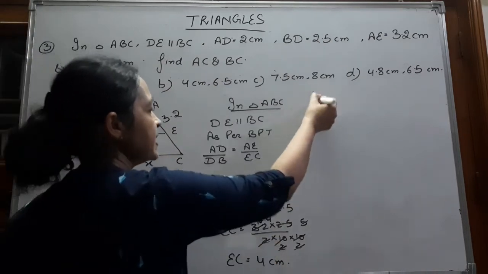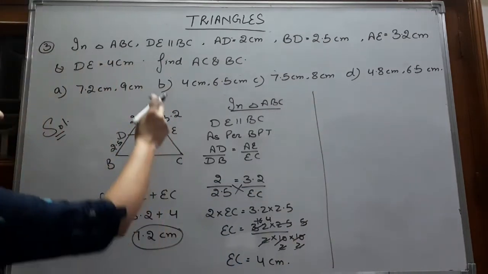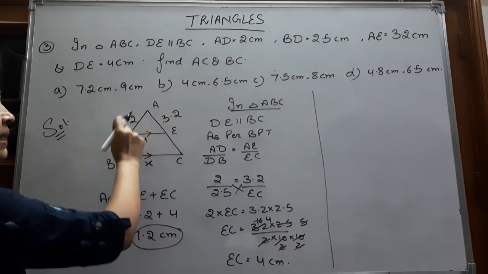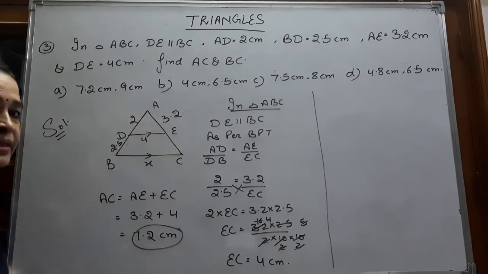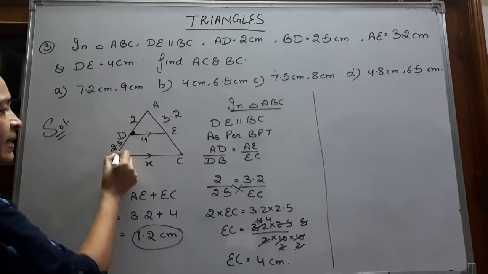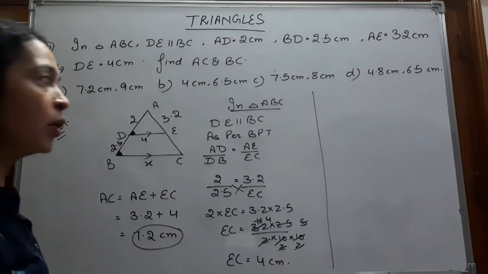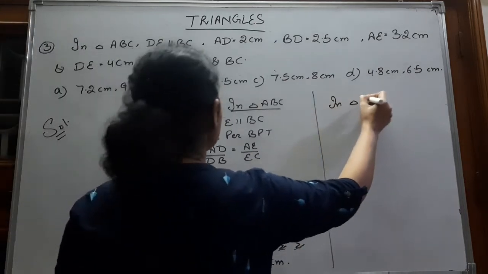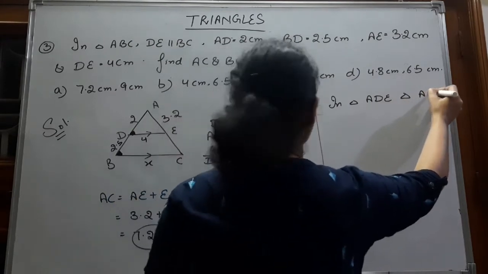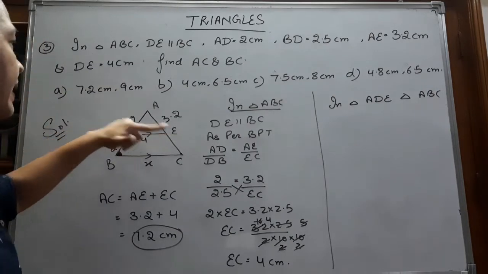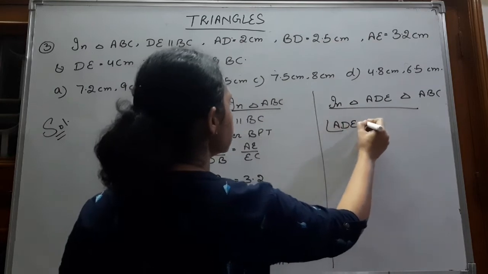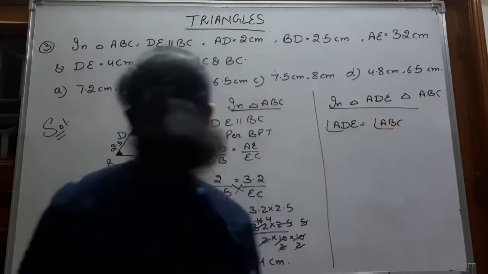What do we have to find next? BC. Now, in this triangle DE is parallel to BC. If we take two triangles ADE and ABC, triangle ADE is similar to triangle ABC. Why? Both are corresponding angles. In triangle ADE and triangle ABC, angle ADE equals angle ABC.